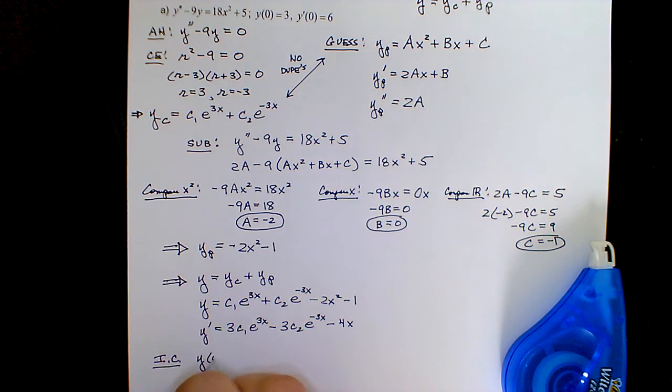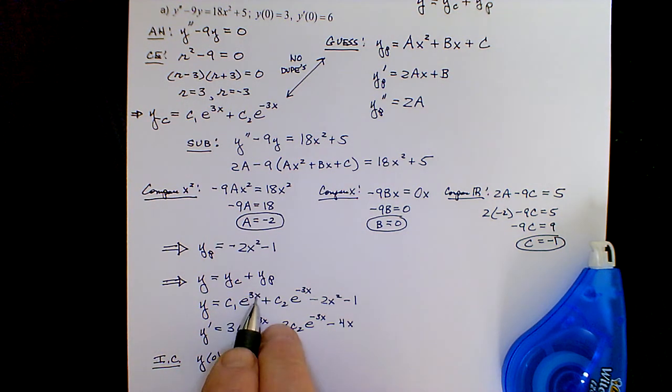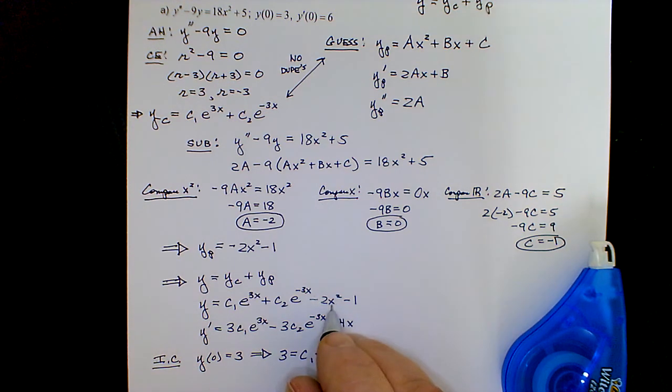The first one, y of 0 is 3, gives us that 3 is equal to, substituting in here into y, e to the 0x, so c1 plus c2. This term goes to 0, but don't lose that negative 1.